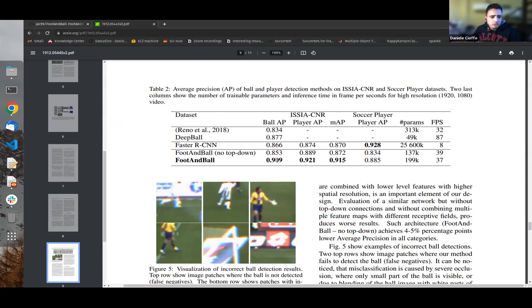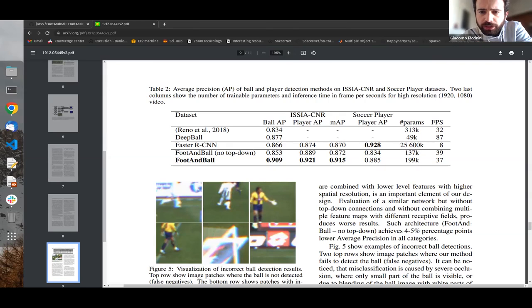And the results are quite good for the ball, not so much better for the player, but still we have a higher value for FPS. So it's nice because they are comparable, but still it's faster. Okay. Any further questions, guys?